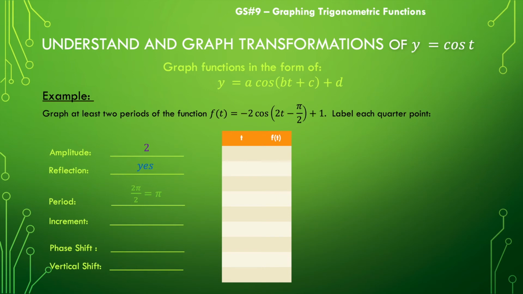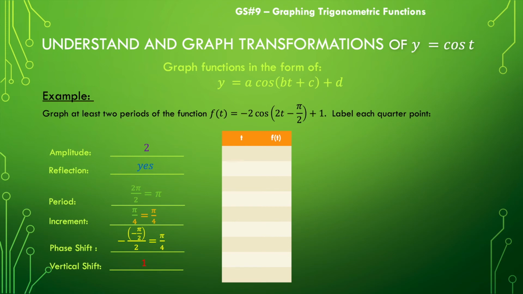Taking that period and dividing it by 4 will give us the increment between our quarter points. Then we can determine our phase shift by taking negative c and dividing it by b. So negative π over 2 divided by 2 gives us a positive π over 4. And last, our vertical shift is a plus 1.